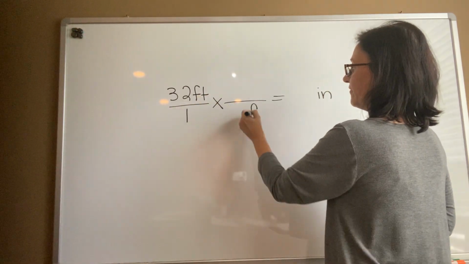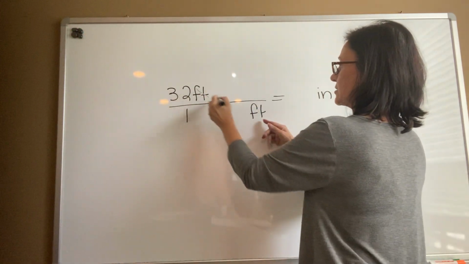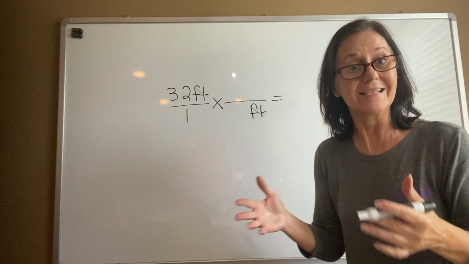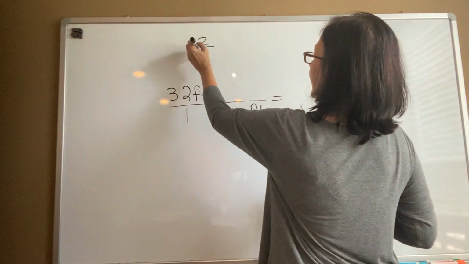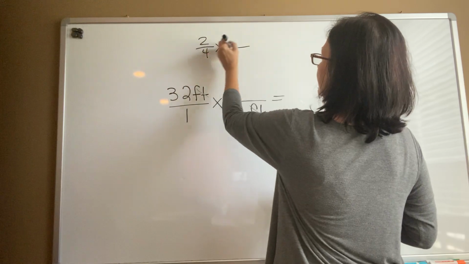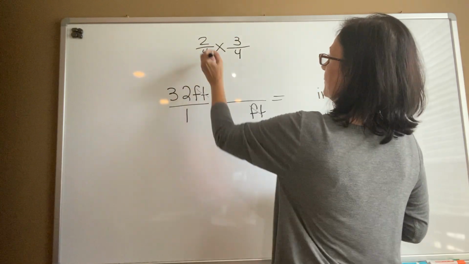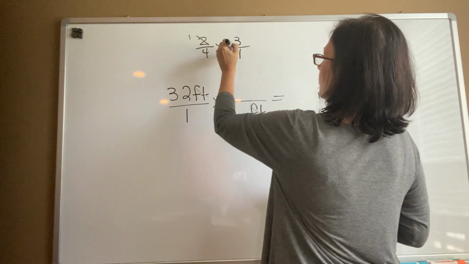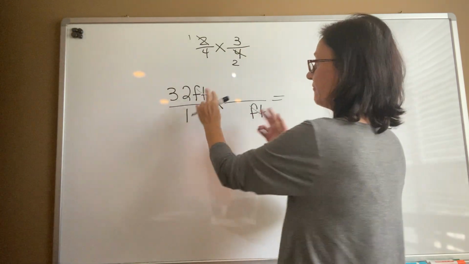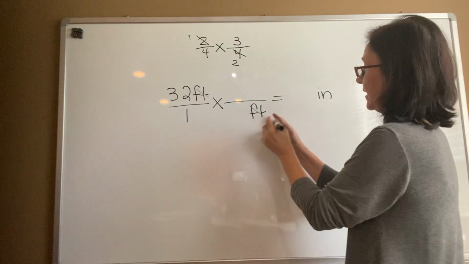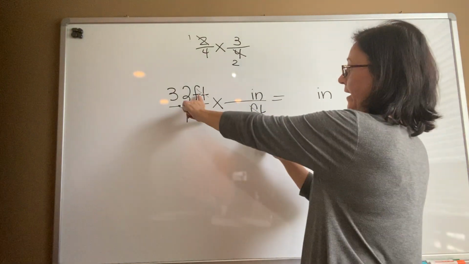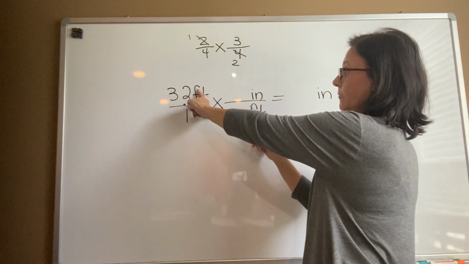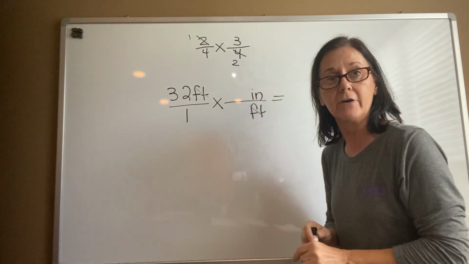I want my feet to eliminate, so I put feet in the denominator. That's the same thing as when we simplified, right? We simplified 2 to be 1 and 4 to be 2. Our feet cross out. So if I want inches in the numerator, and whatever one is in the numerator here, I want in the denominator in my conversion.